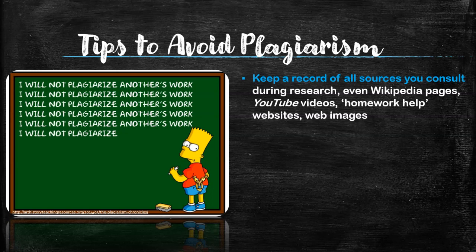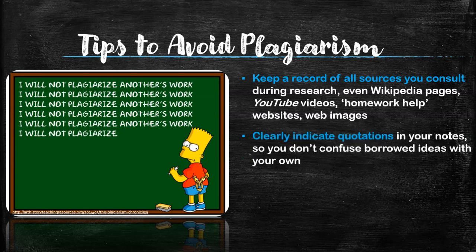This includes Wikipedia pages, YouTube videos, homework help websites, images, etc. If you looked at it, write it down in a note section so that you can cite it at the end. Also, when you're taking notes, clearly indicate quotations in your notes so that later you don't confuse ideas that you borrowed for ideas that you actually came up with.